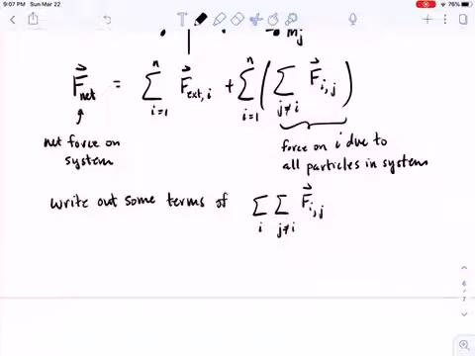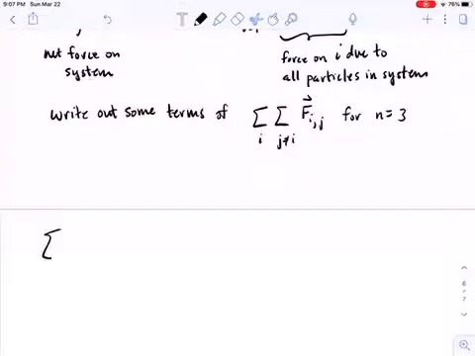And let's do this for n equals 3. I'm just going to choose a small number so that we can easily see what the result looks like. I think once we've done this, we'll be able to generalize to any number of particles, like Avogadro's number of particles or something like that.